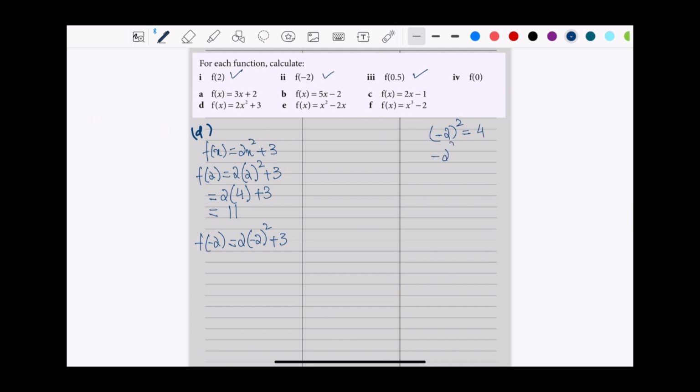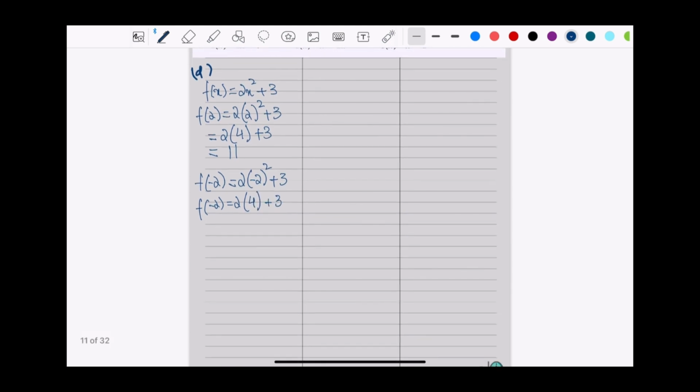But if you write -2 squared without brackets, this means that it is negative 2 times 2, which is going to be negative 4. So just a way to add brackets. Now f of negative 2: (-2) squared makes it positive 4 because the power is even, and then it gives you the same value.